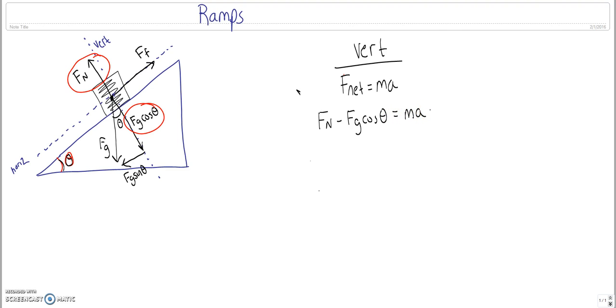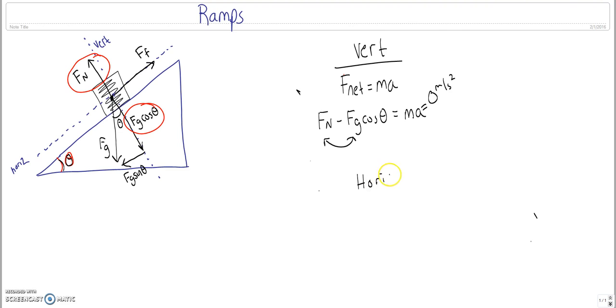And you solve the problem like this every single time. Now Fn and Fg cosine theta are going to be equal. So you could even change the order of these, and it's not going to matter because this acceleration is always going to be 0 meters per second squared. Because the block is always going to be on the ramp. It's never going to come off the ramp. Vertically, the acceleration is always going to be 0.